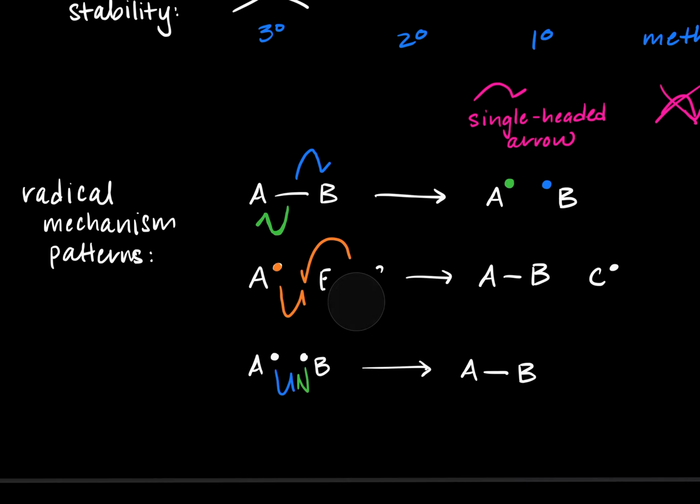So we need to show the other electron and how it moves, and that will go to C. So notice that red arrow is the formation of that radical in C, and these orange arrows show the formation of the AB bond.